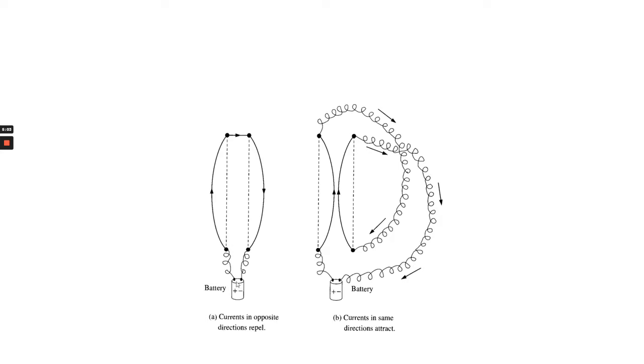Once connected, current will flow. Take a look at the direction of the current here. On the left wire, you have the current flowing upward, then current flowing downward on the right wire. As you can see in the figure, the two wires have opposite directions of current.